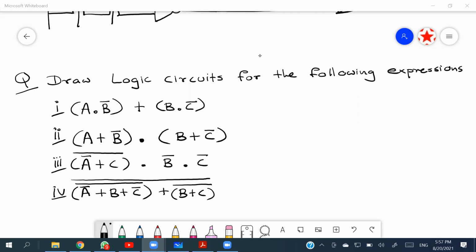People, after 1 minute, I'm going to draw the first circuit. Right, let's go for the first one.